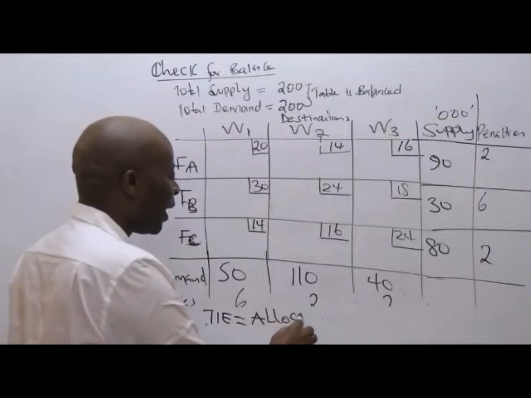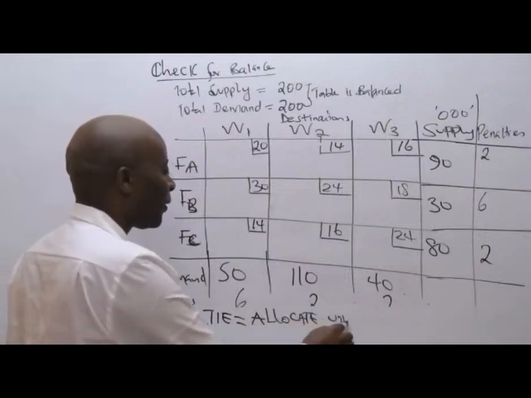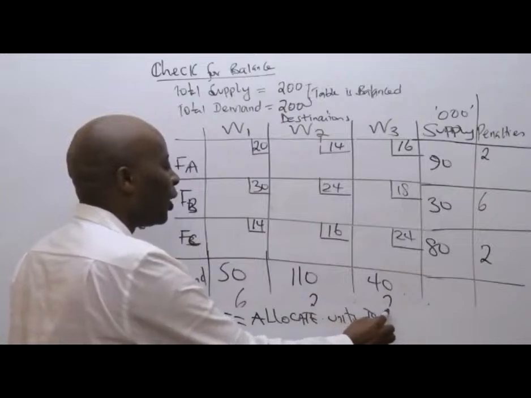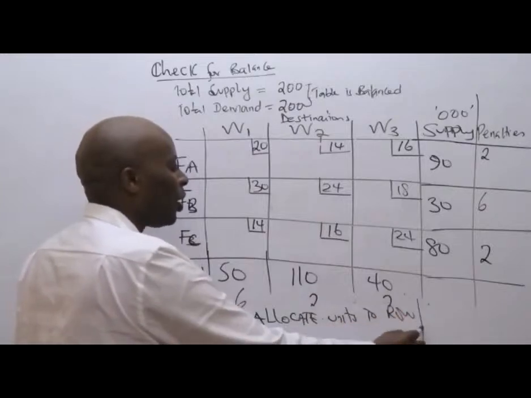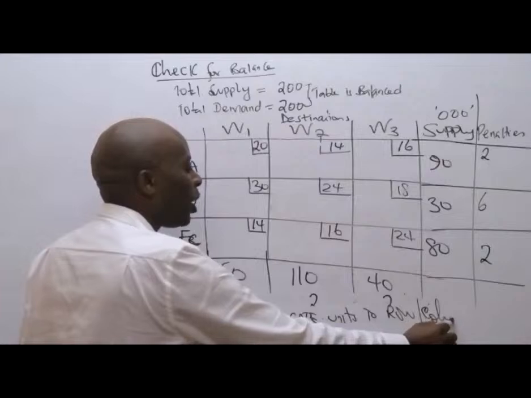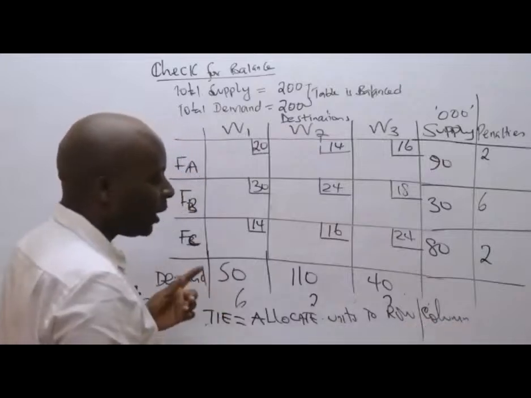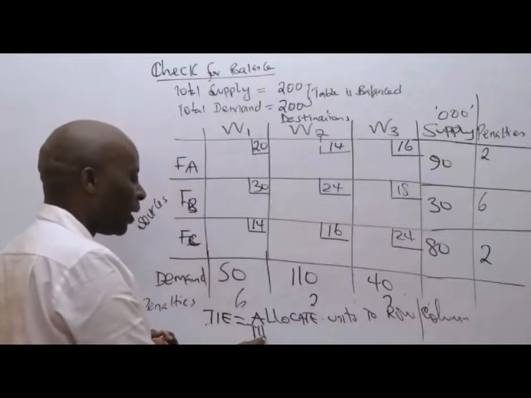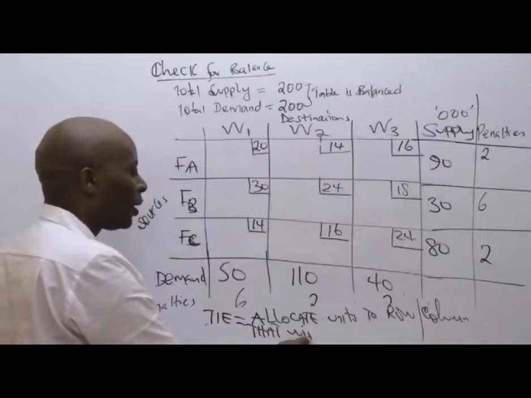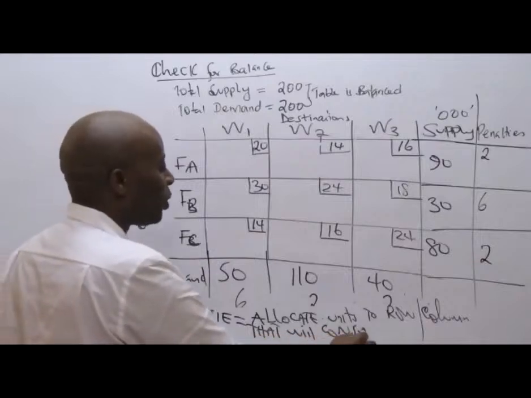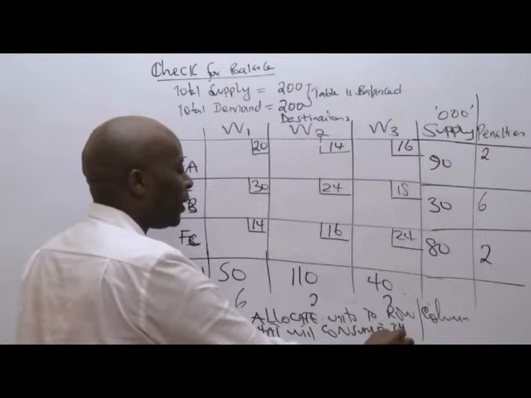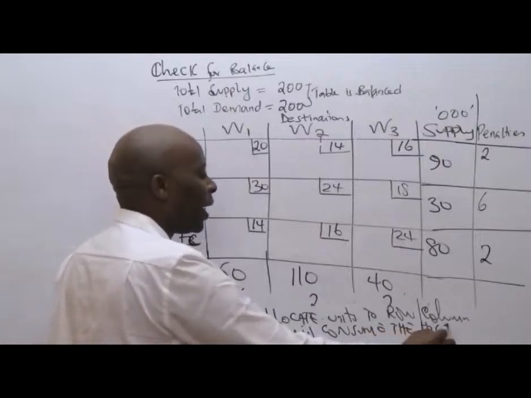Whenever there is a tie, allocate units to the row, stroke column in the tie, that will consume the highest quantity.